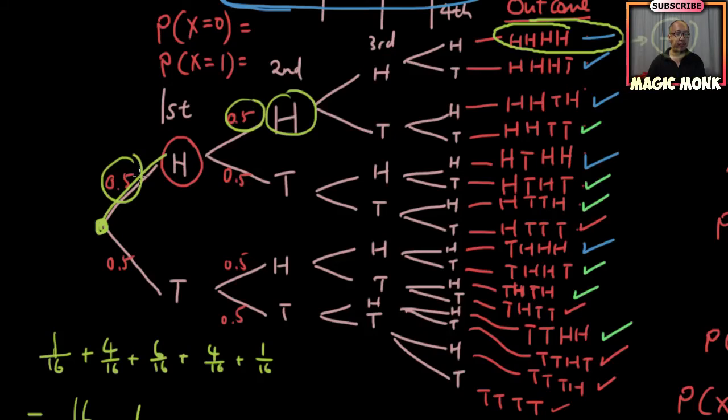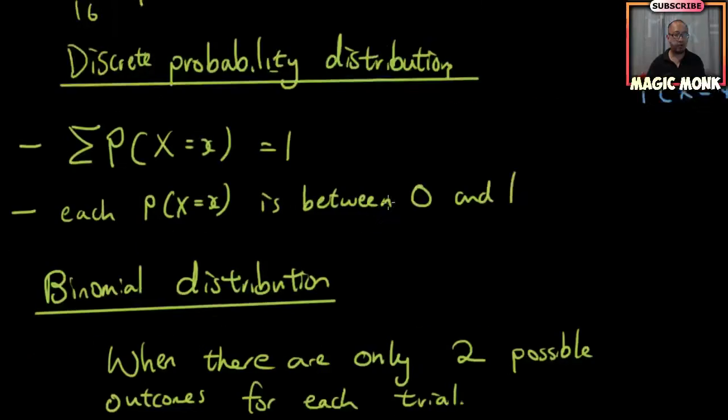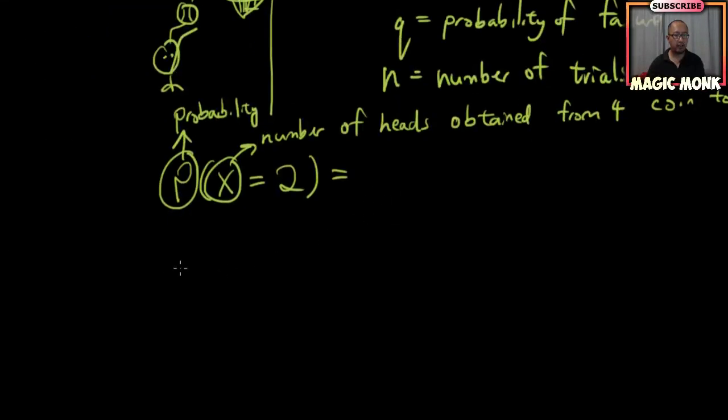So if you go 0.5 times 0.5, the multiplication principle, that tells you the probability of getting 2 heads in a row. So if you want to get 4 heads in a row, that's going to be 0.5 times 0.5 times 0.5 times 0.5. So that's going to be the probability of getting 4 heads.